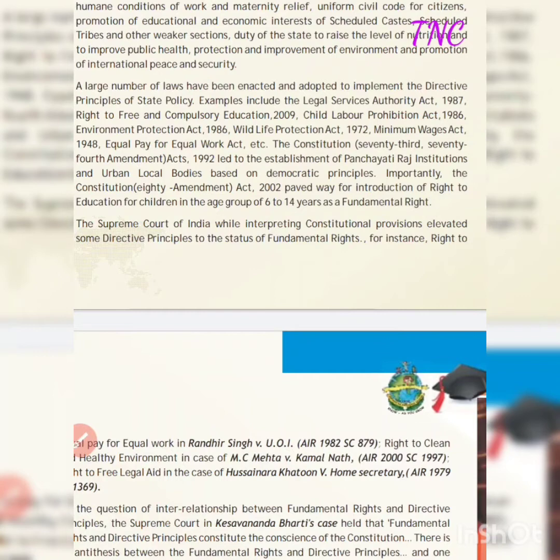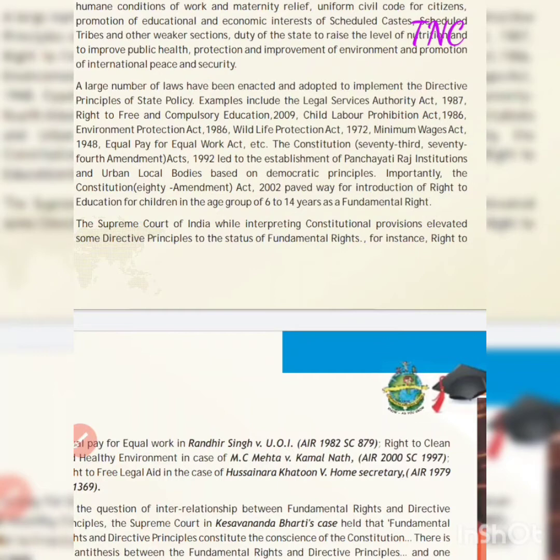Equal Pay for Equal Work Act, etc., to remove the inequality among the men and women equal post that I told you about. Constitution 73rd and 74th Amendment Act 1992 led to the establishment of Panchayati Raj institutions and urban local bodies based on democratic principles. Why democratic principles? Because for them also to elect the head of these systems, elections are held regularly.